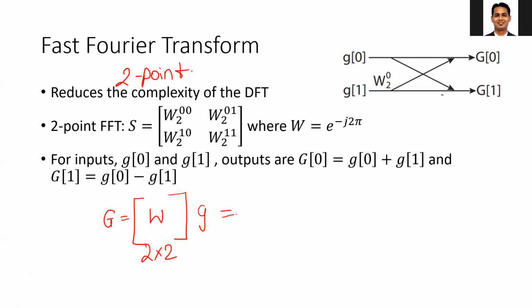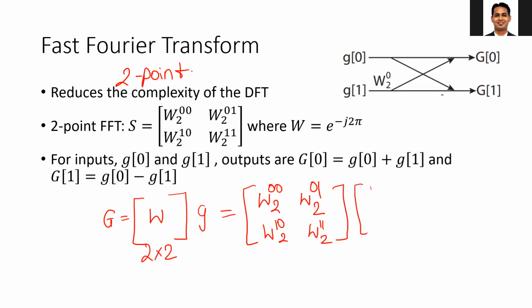This matrix has W 0, 0, 2, then W 0, 1, 2, then W 1, 0, 2, W 1, 1, 2, and here you will have g of 0 and g of 1. In this case, your W is represented as e raised to minus j 2 pi.